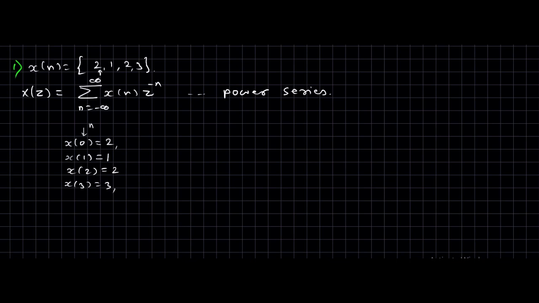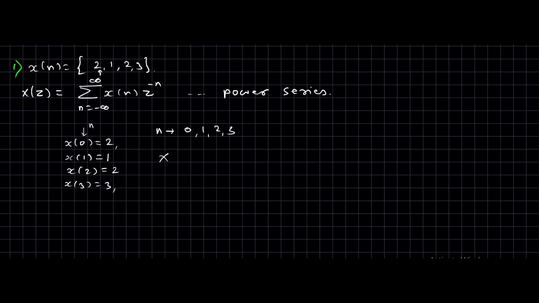So what is the range of this index? N is equal to, so it starts with 0, 1, 2 and 3. So this n will vary according to this. It will start from 0, 1 to 3. It's going to the right side.